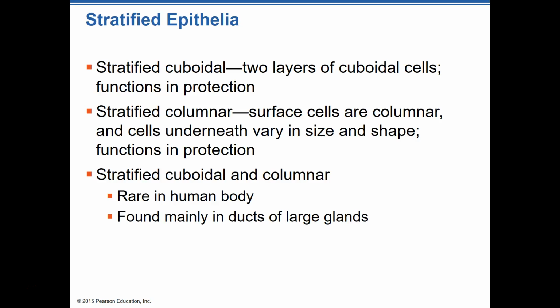Then we have stratified cuboidal, stratified columnar, and stratified cuboidal and columnar. So we find different types of these. I don't want you to get caught up in trying to go, oh, these belong there, and we'll find these there, and these here. Just remember when I talked to you about all cells not being exactly the same shape, that there's different shapes of cells?